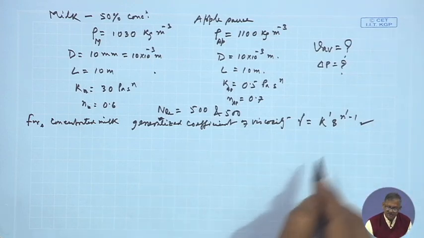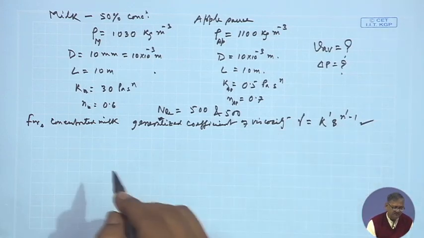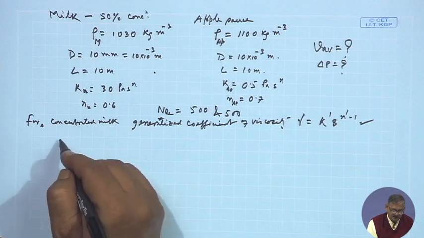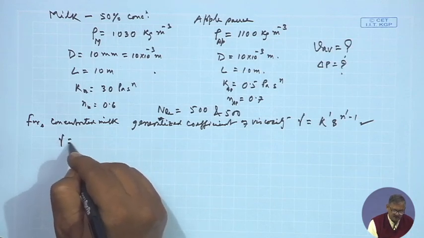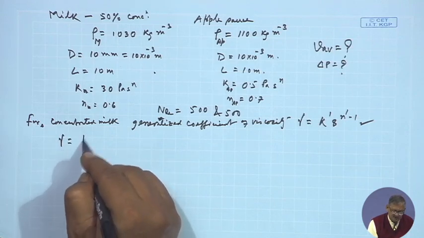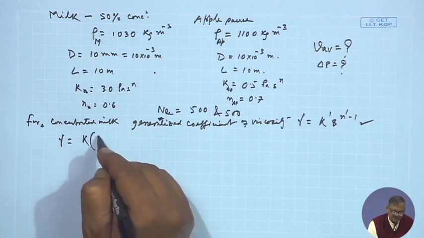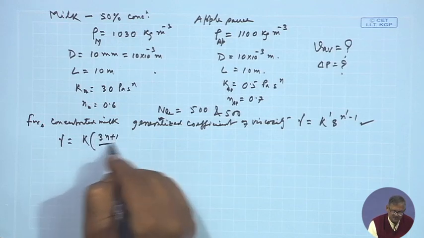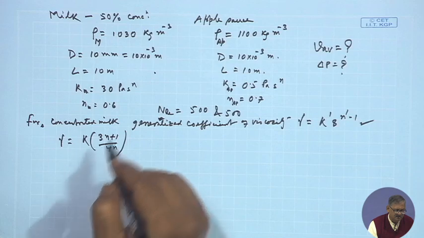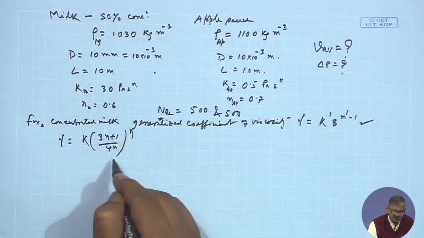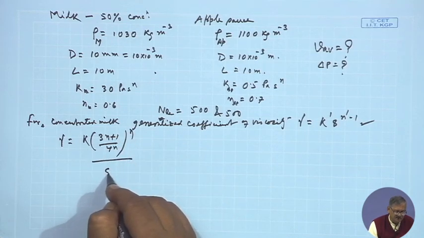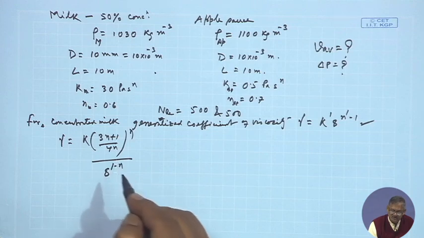Now, if we substitute K prime and n prime with K and n, then we can write gamma equals K into 3n plus 1 by 4n to the power n, and 8 to the power 1 minus n.